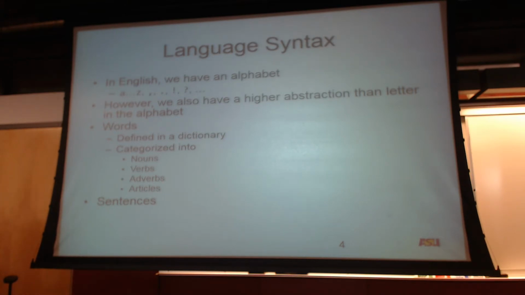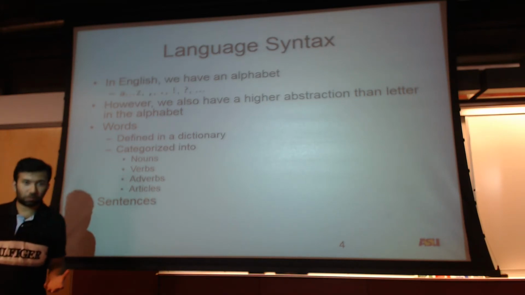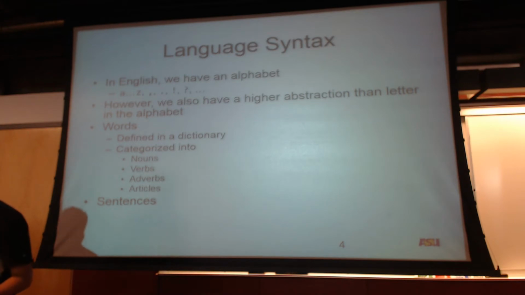Again, we combine sentences to make paragraphs. Now, if you read storybooks, newspapers or articles, you will see that each sentence has a connection with the previous sentence as well as with the future sentence.